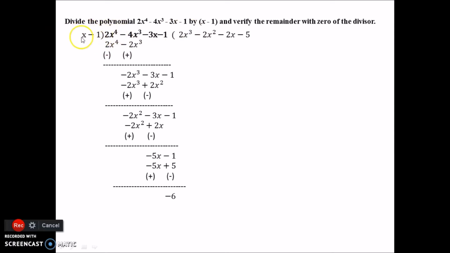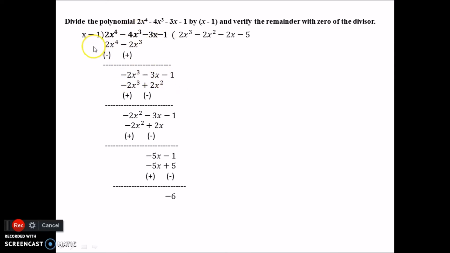By multiplying x with 2x^3, I get 2x^4, and minus 1 into 2x^3 gives minus 2x^3. Now subtracting, 2x^4 minus 2x^4 is 0, and minus 4x^3 plus 2x^3 gives minus 2x^3, and the remaining values are minus 3x and minus 1.